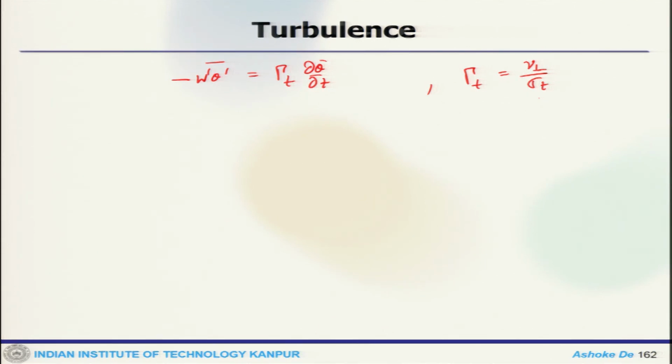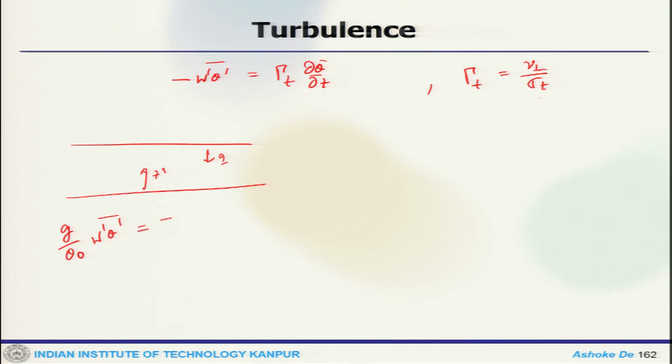So, there could be two different cases, where one case is a convective turbulence. So, g by theta 0 w prime theta prime would be minus g gamma t by theta 0 del theta by del z greater than 0.